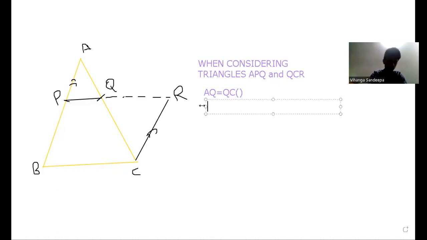Then second one, angle APQ equals angle QCL. Reason is alternate angles. Then third one, angle AQP equals angle RQC.